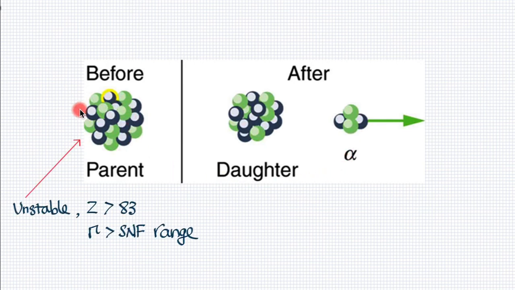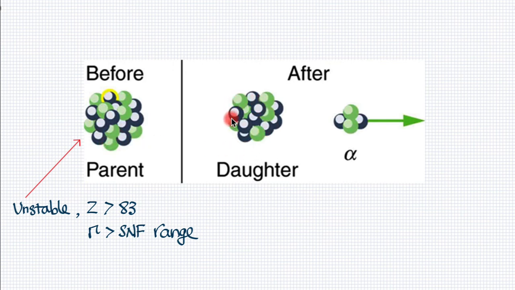So here we have our parent nucleus. Now, it's a natural phenomenon for unstable nuclei to release matter because the electromagnetic force wins over the strong nuclear force, and since the range of the strong nuclear force is short, the force can no longer hold all the particles together.